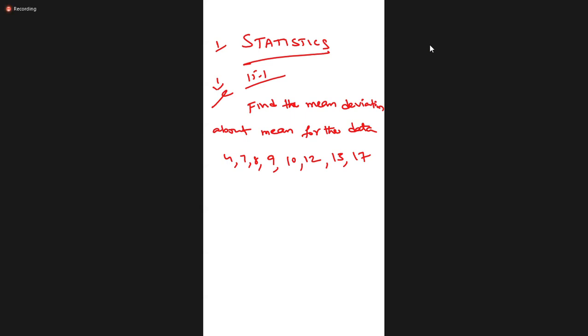So first let us find the solution. First write the given data. Because it is PU, questions are like this only, so some steps we have to maintain. Mean, represented by X bar, is equal to sigma Xi by N. Sigma Xi means add the numbers, divided by the number of numbers.